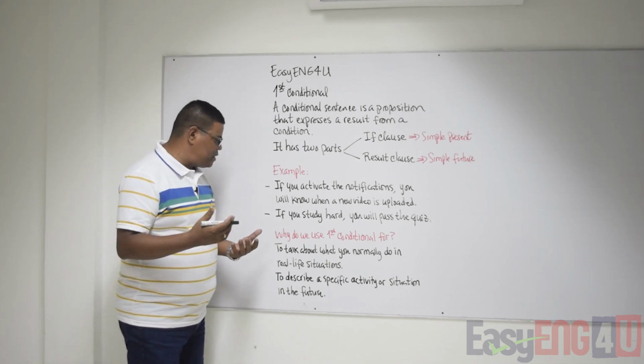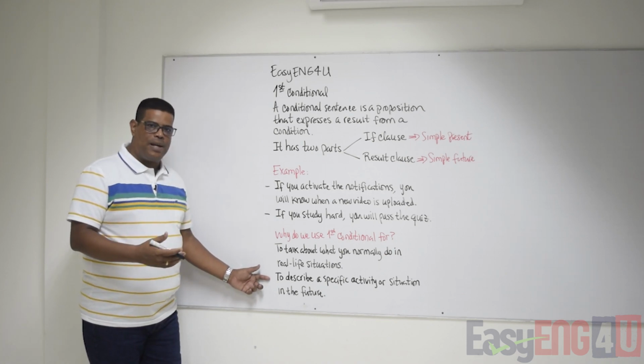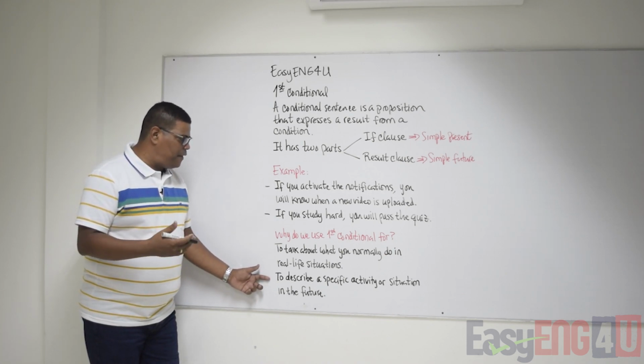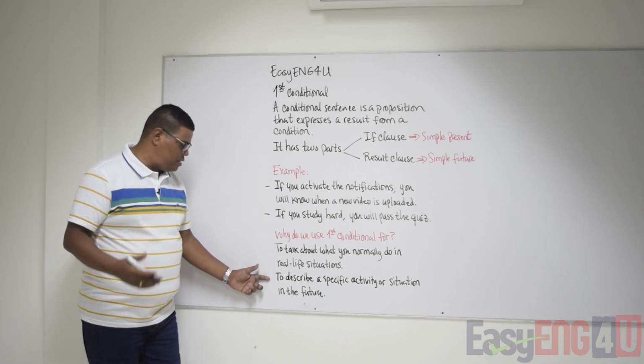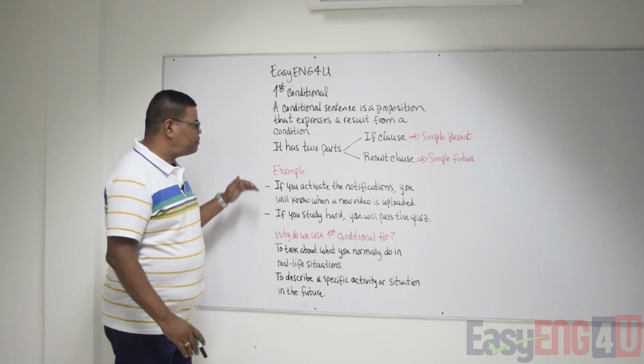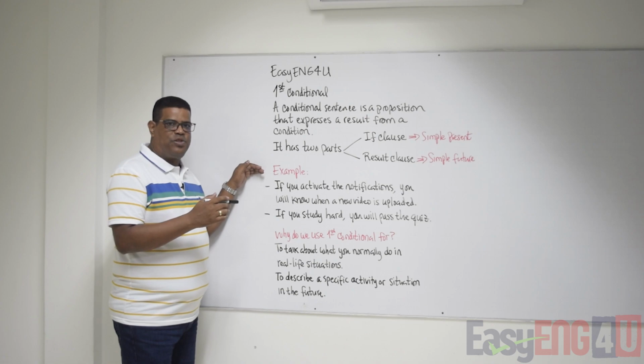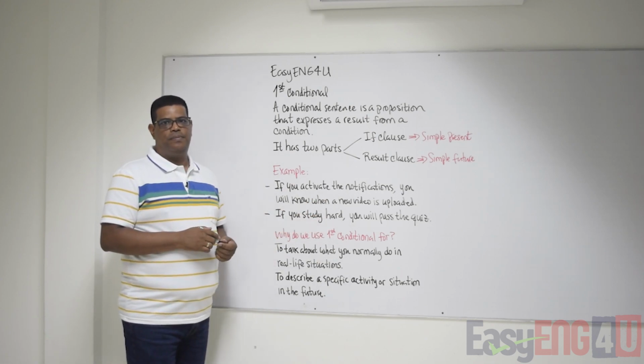It's very simple. Another use of the first conditional is to describe a specific activity or situation in the future. This first conditional is expressing something that is going to happen in the future.